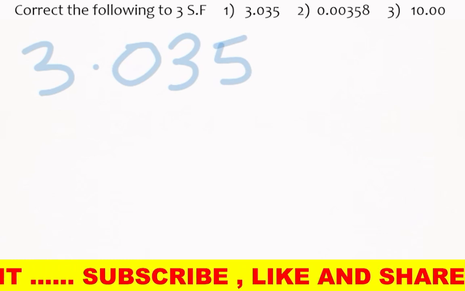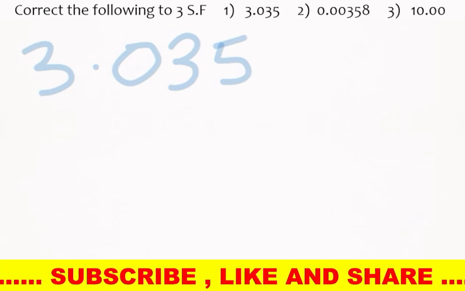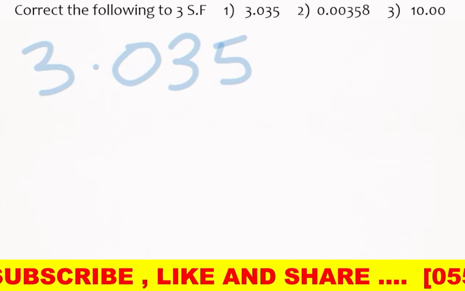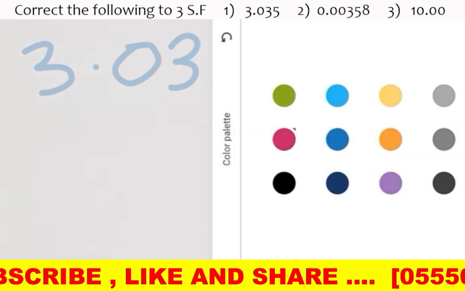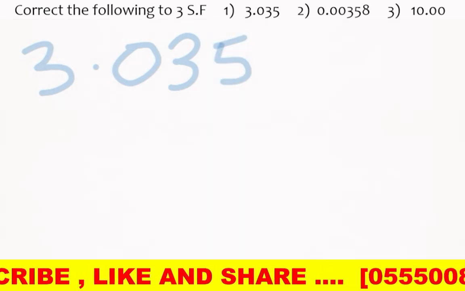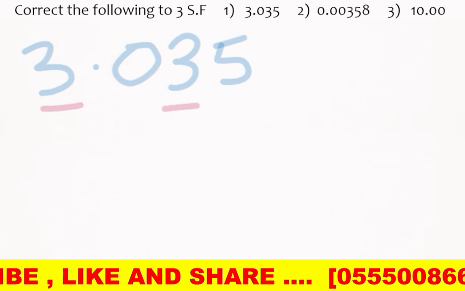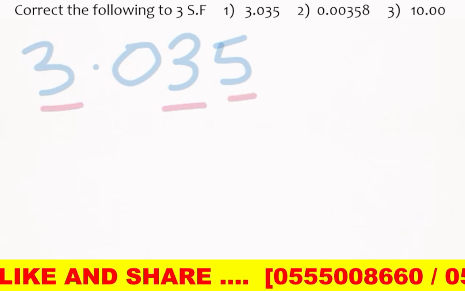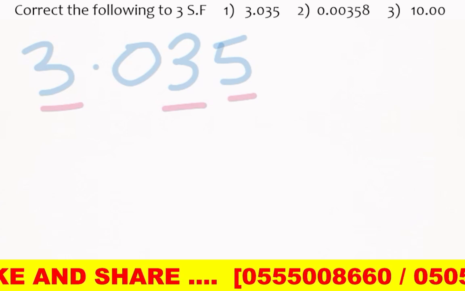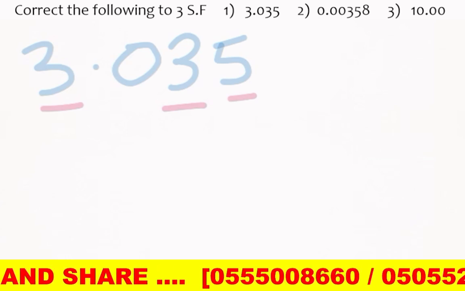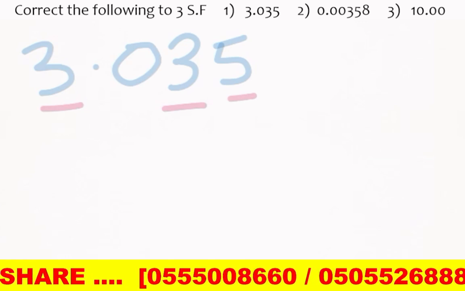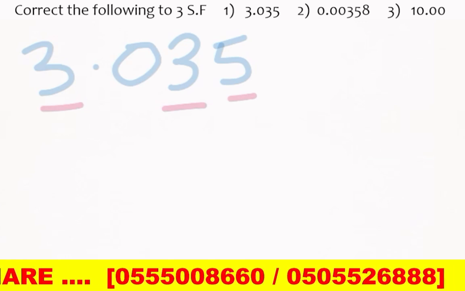Alright, so we said that all non-zero digits are significant. So since 3 is non-zero, let me use a different color so that you see it clearly. So 3 is significant, this 3 is also significant, and this one is also significant because they are non-zero. Let's look at this 0 too.